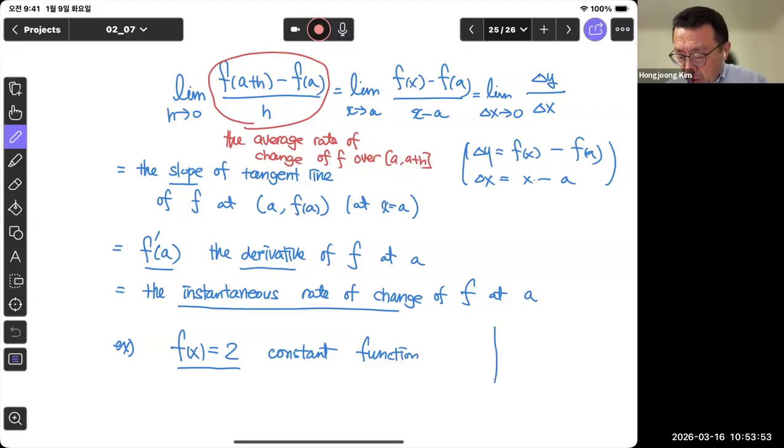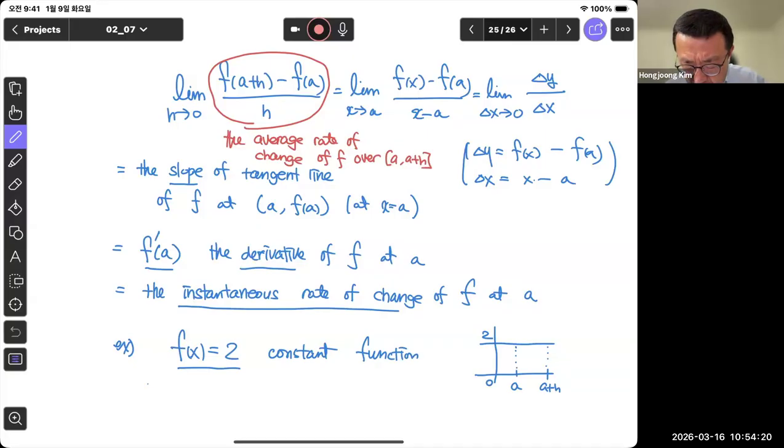So the graph will be like this. Then when you consider a and a plus h, they have the same function value of 2. So the average rate of change of this constant function will always be 0, right?